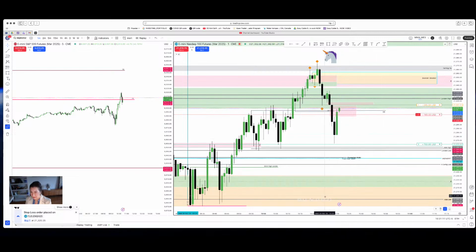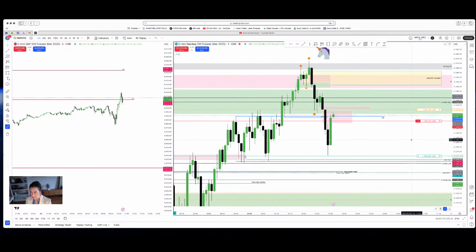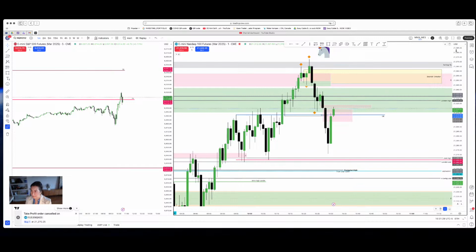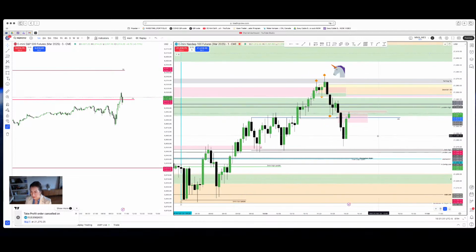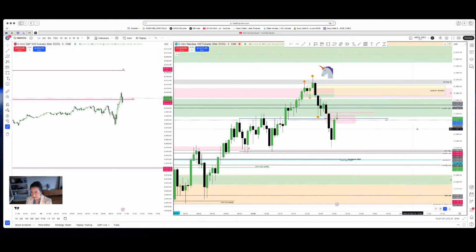Taking a bit of a risk on this trade, but see what happens. No. Maybe should wait till price comes further up. Maybe it'll come back to the bearish breaker, but I'm not sure.